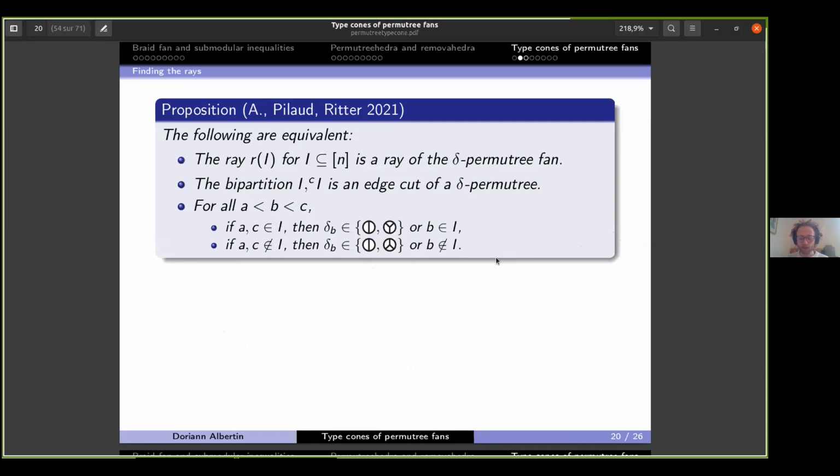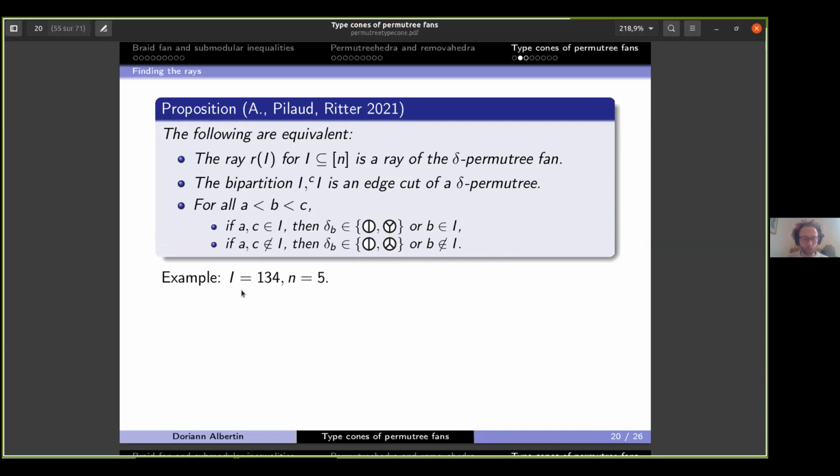If you take the ray 1, 3, 4 for n equal to 5, just put 5 dots in a line and color red the ones in I and blue the others, and then link them together, passing below points in blue and above points in red.